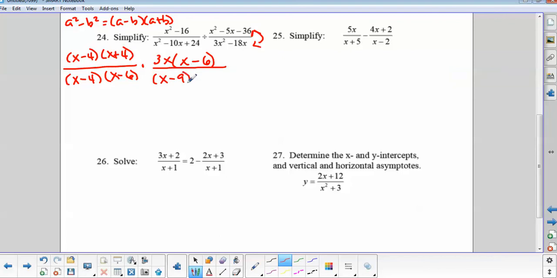So negative 9 and positive 4. Okay, so then you're going to start looking for things to cancel. So x plus 4 and x plus 4, x minus 6 and x minus 6, and x minus 4 and x minus 4. So this is what we're left with, a numerator of 3x and a denominator of x minus 9.